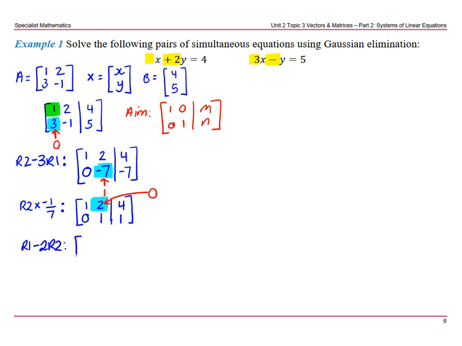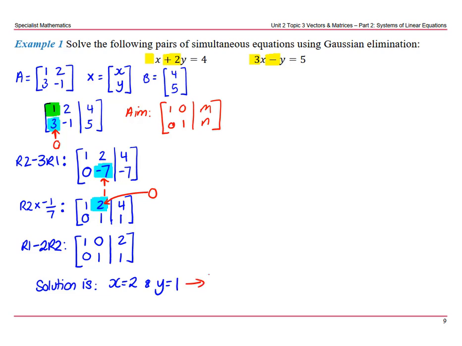So 1 minus 2 lots of 0 stays the same. 2 minus 2 lots of 1 is 0. 4 minus 2 lots of 1 is 4 minus 2 is 2. And then we have our 0, 1, 1 there. So now we can read our solution straight off. So the solution is x equals 2 and y equals 1.